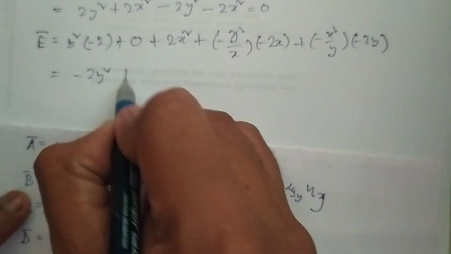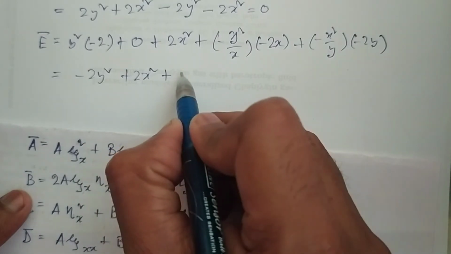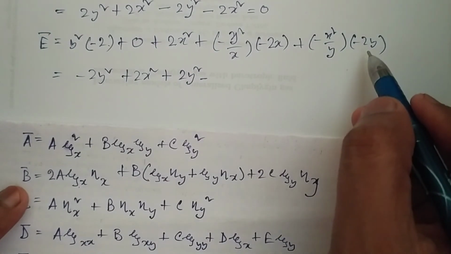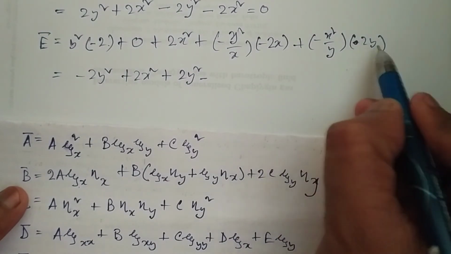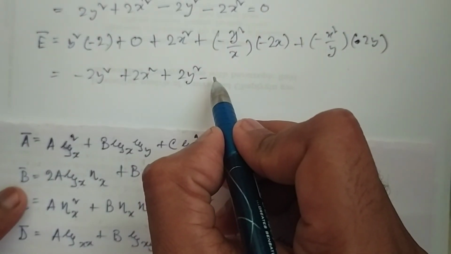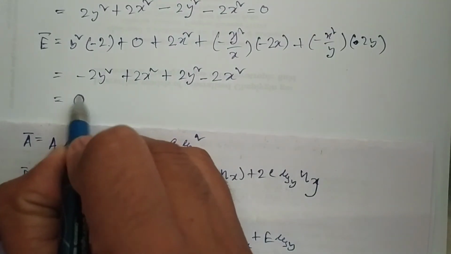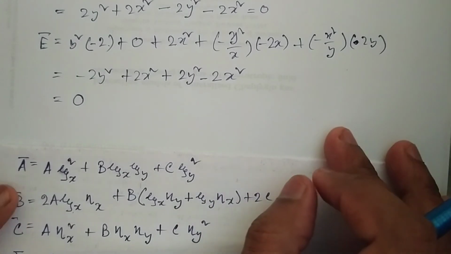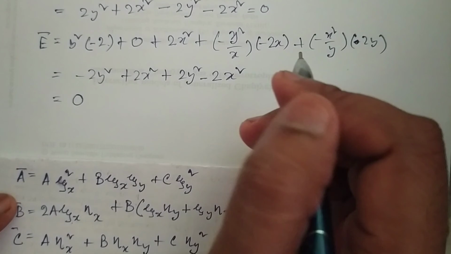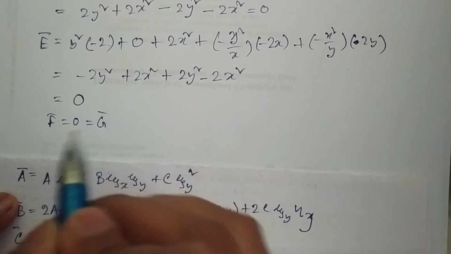We have 2y square plus 2x square, and this part is plus 2y square, and this part, this is 2y, actually I have made a mistake, and that part is going to be 2x square, and this is equal to 0. Again, and finally, will there be any f? No, f bar is equal to 0 is equal to g bar.